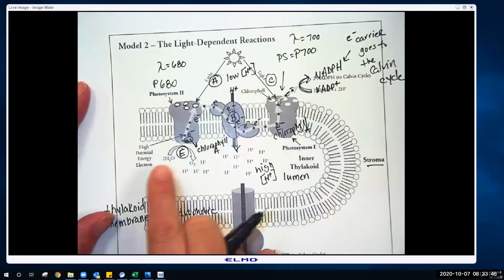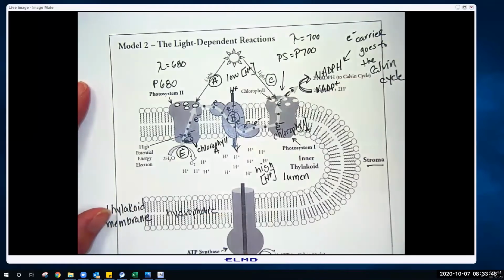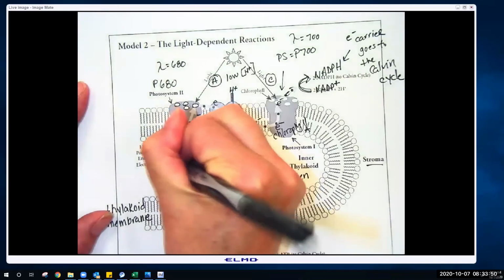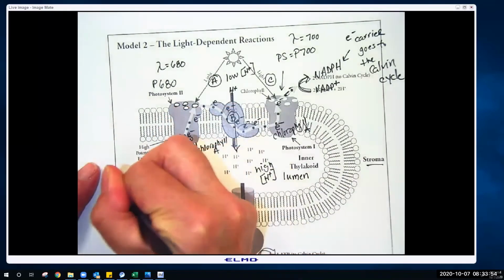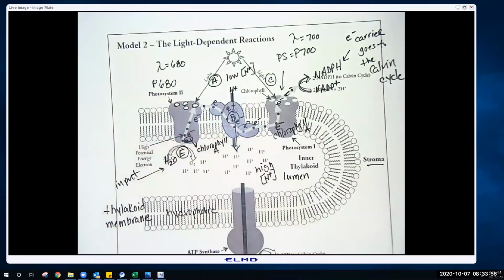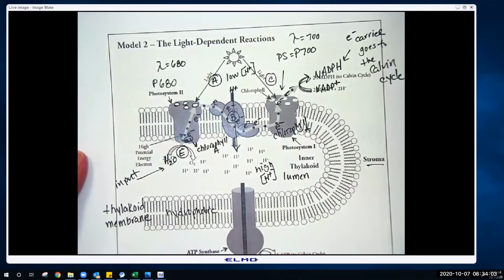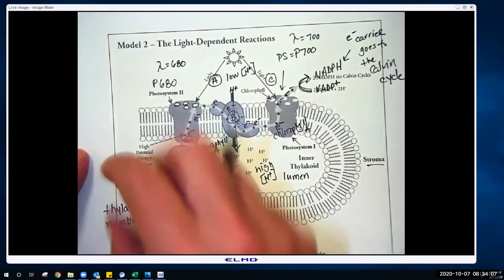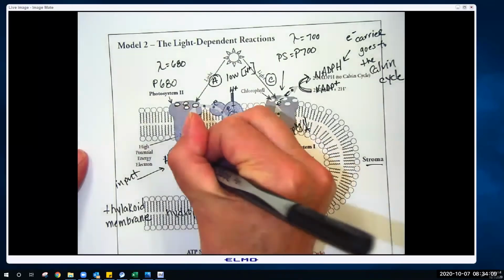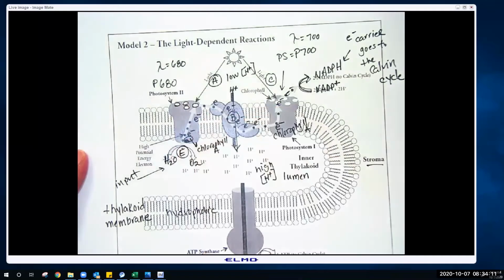This electron needs to be replenished, and here's water. That is one of our inputs of photosynthesis, right? We can't do photosynthesis without water. What water is, it's an electron donor. Water's going to be oxidized. It's going to lose its electrons, and we're going to form oxygen gas.